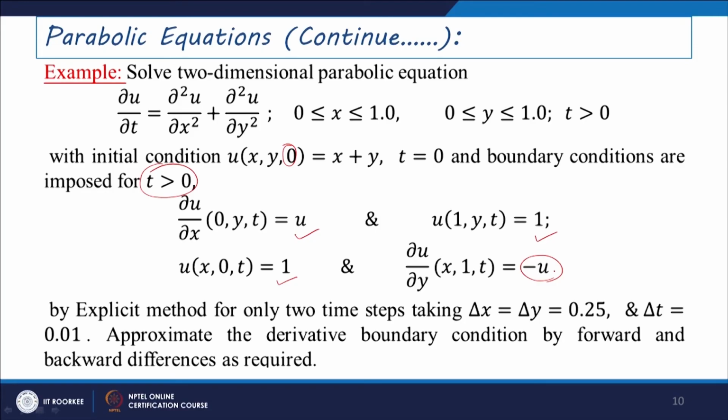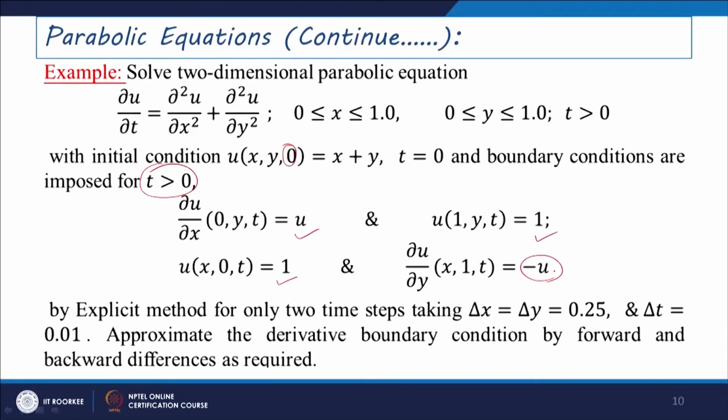It is asked to find the solution using the explicit method for only 2 time steps, taking del x equals del y equals 0.25 with time increment del t as 0.01, and approximate the derivative boundary condition by forward and backward differences as required.